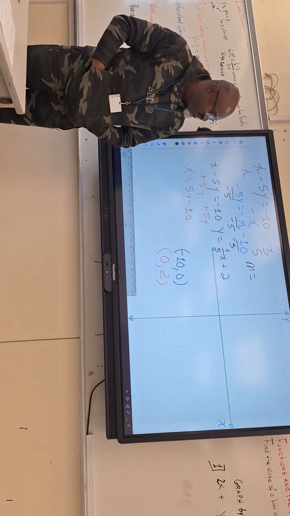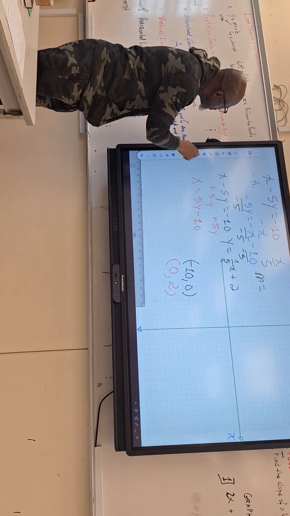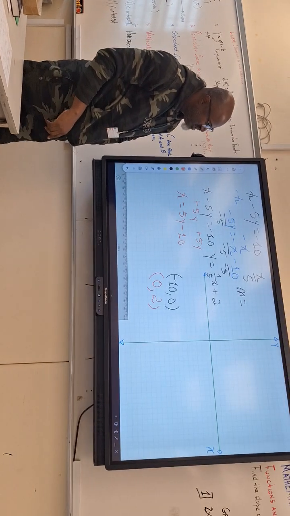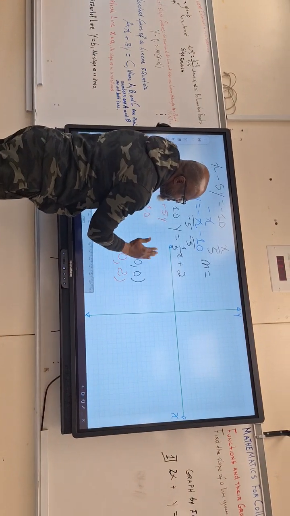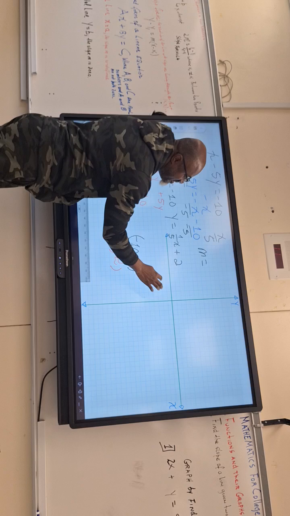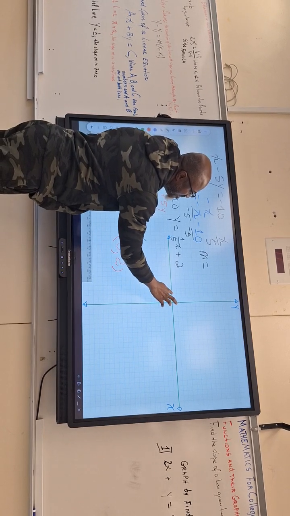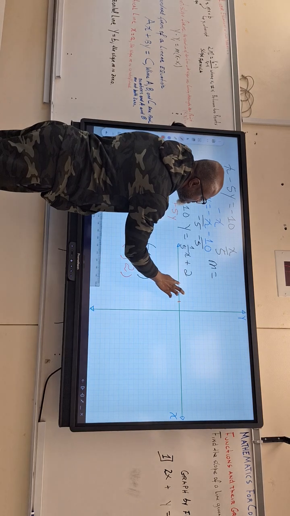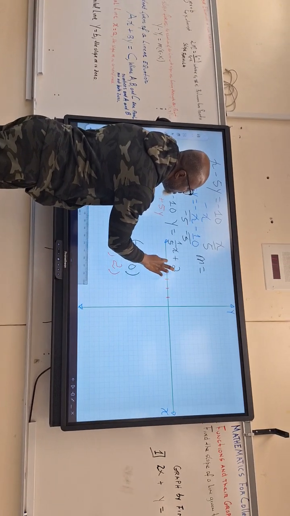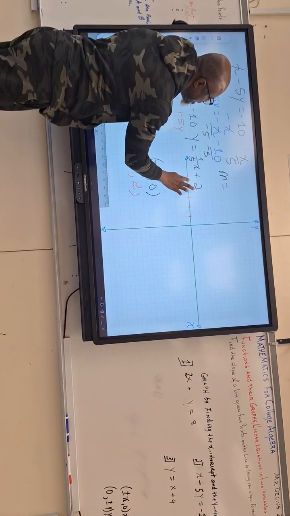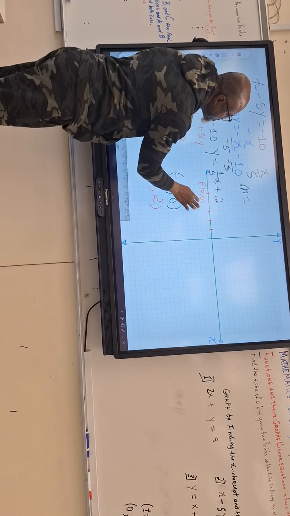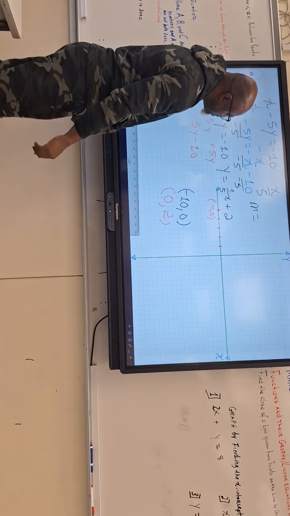Does that make sense? Now, I'm going to plot those points, then I'm going to get my graph. Negative 10, 0. That's where? To the left, that will be negative 2, negative 4, negative 6, negative 8, negative 10. That's where I will drop it. The other one is 0, 2.